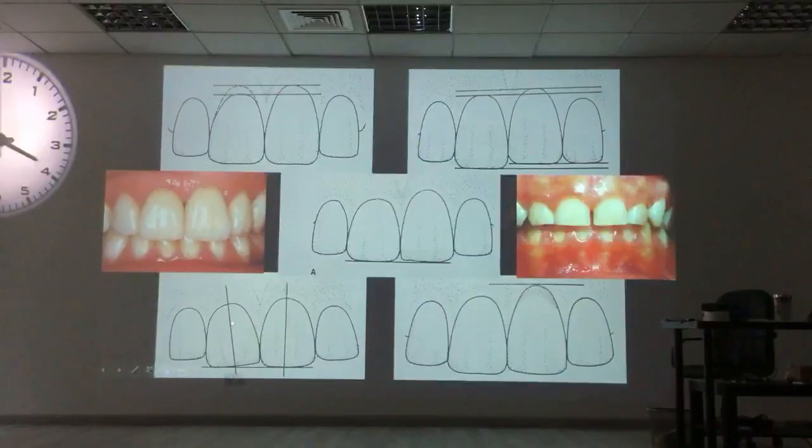Or I will just copy paste the opposite side. If I'm doing this, I will copy paste this. And if I'm doing this, I'll copy paste that. Because the midline and the two centrals have to be copy paste. That's the best thing to do.